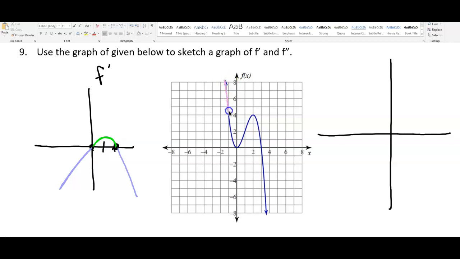Well, let me back up. They're asking me to do the second derivative graph, right? Now, what is the second derivative compared to the function of f? Well, the second derivative is this function's concavity. So what I'm going to do is I'm going to look at the concavity of my original function. From here to here, I would say it's concave up.